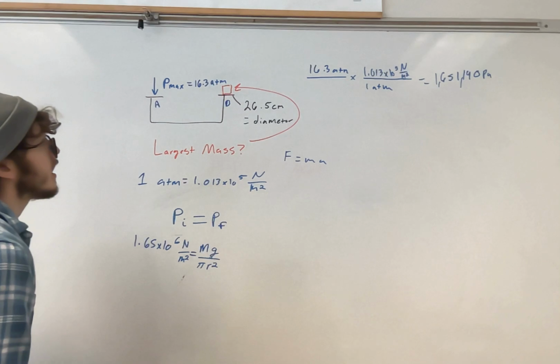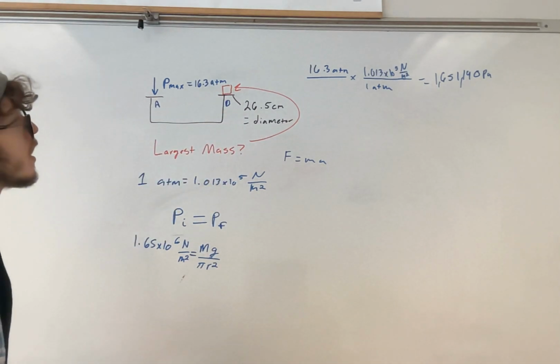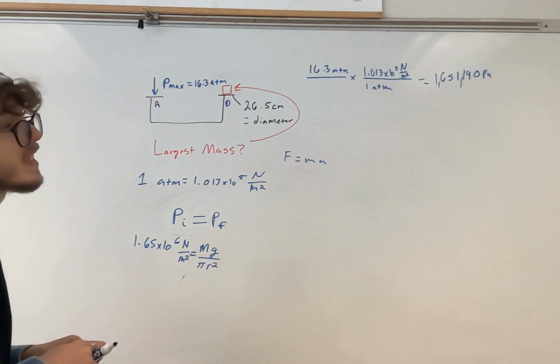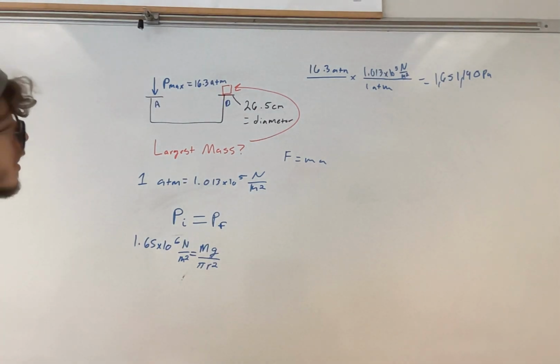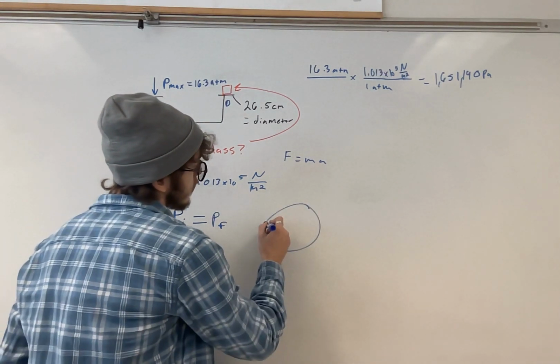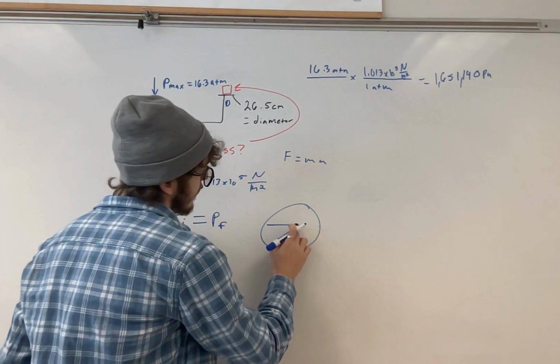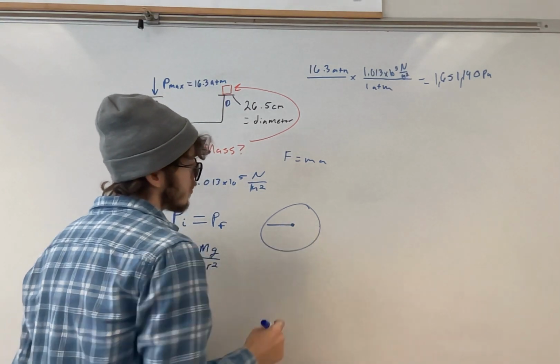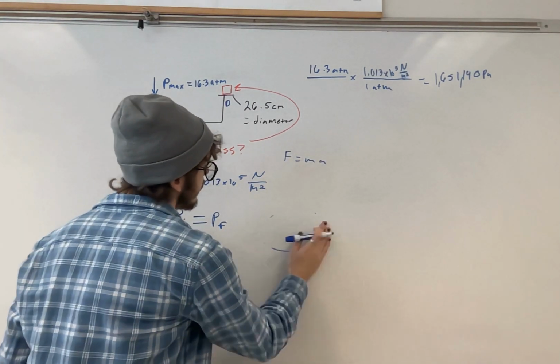Now we just need to plug in here. Notice our units are in 26.5 centimeters for the diameter, and we're asked for the radius. The radius is half of the diameter, so we'll split this in half.